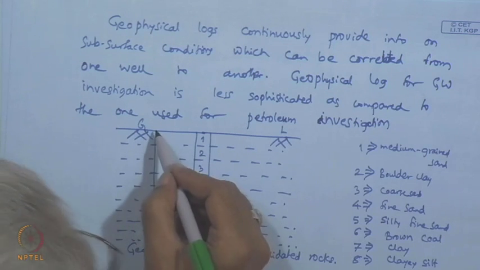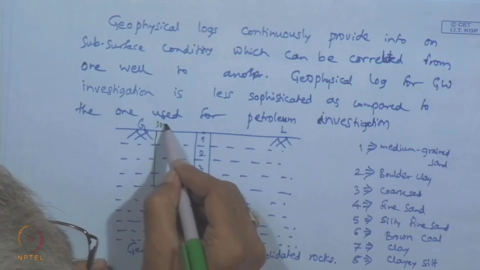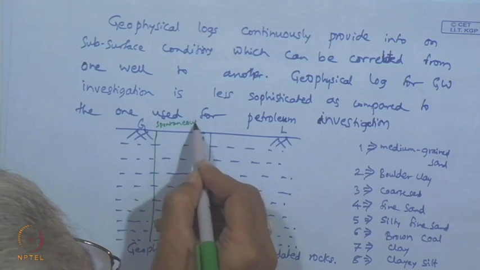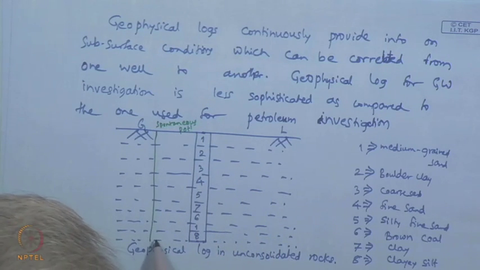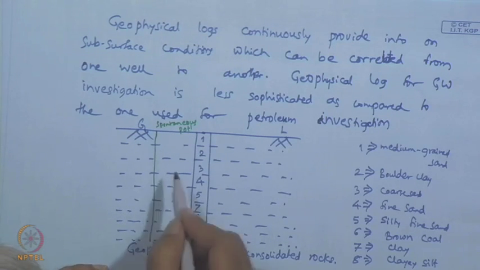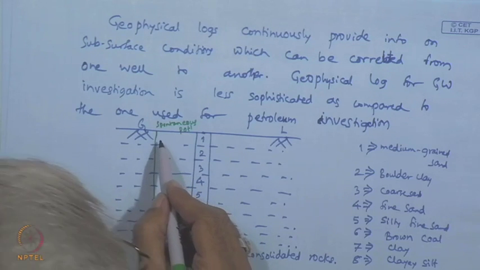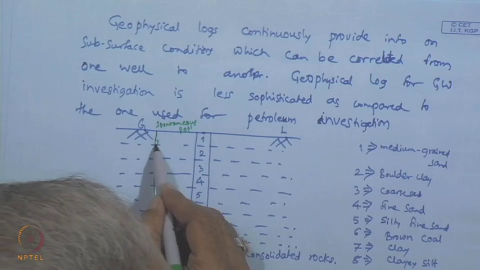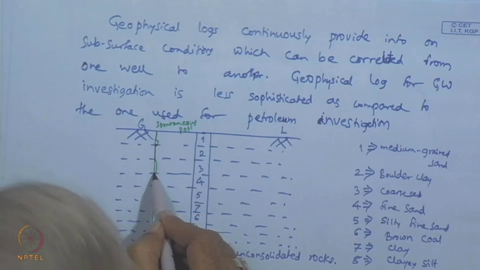Suppose here we are plotting the spontaneous potential, and the positive potential is shown on the right side of this vertical line, and negative potential is shown on the left side.